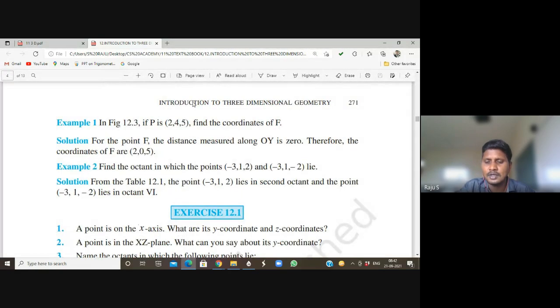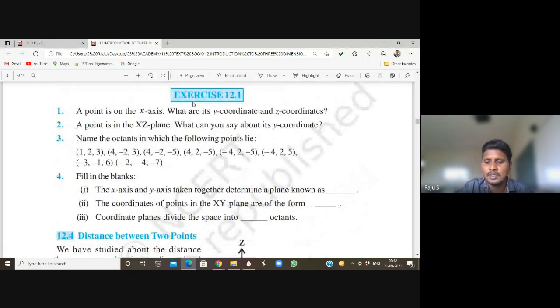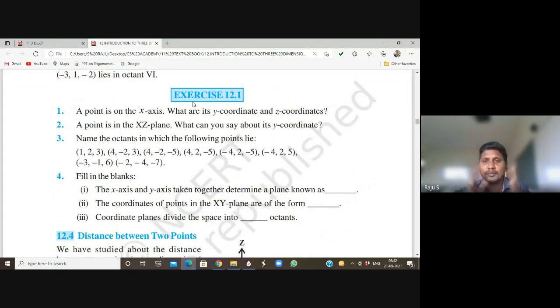So first I am explaining the concept, the easiest method. After that I am going to explain very briefly, right? See here, for example, first the name of the chapter.